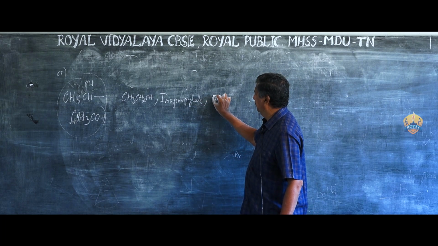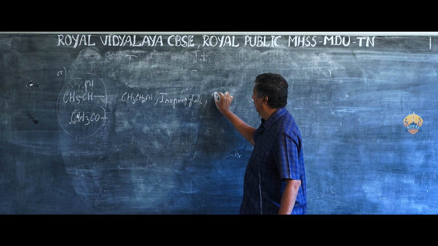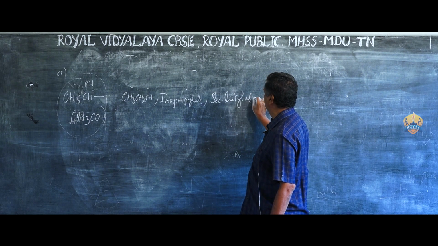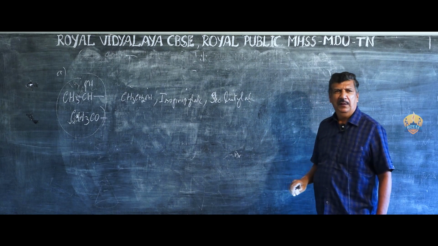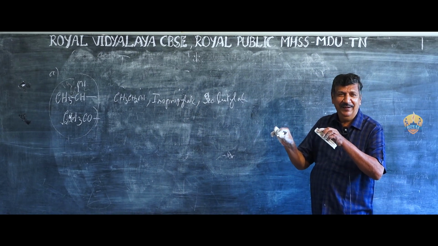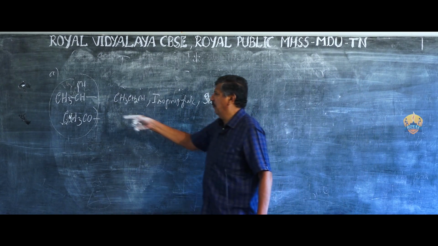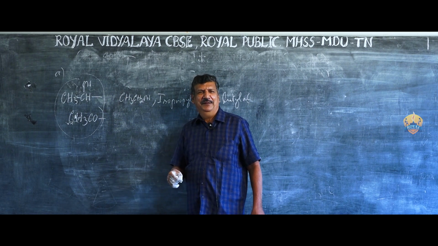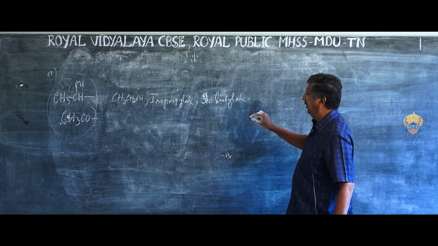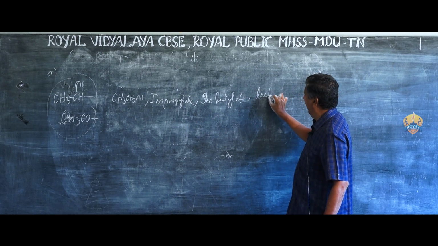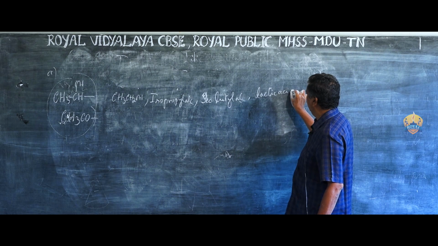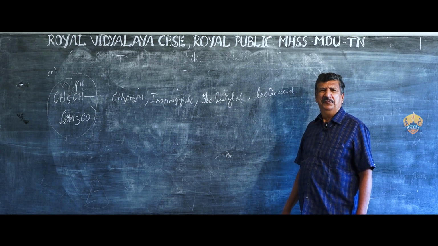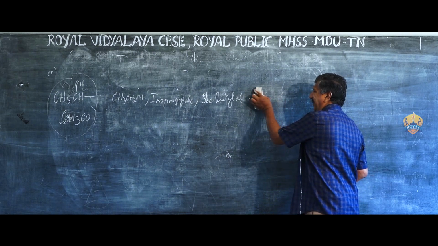Then secondary butyl alcohol. If you write the structure, you can see this formula will come under this. Next one, lactic acid. This also will answer the iodoform test, but it's not in your book, so we'll reject it.